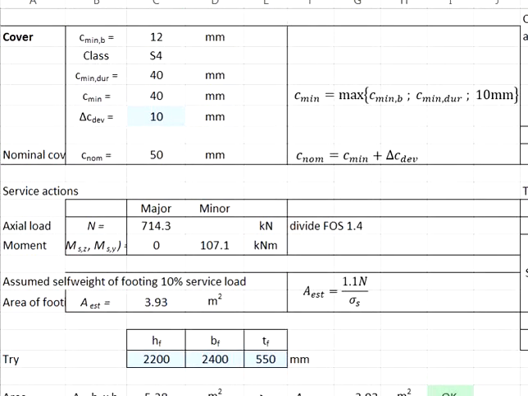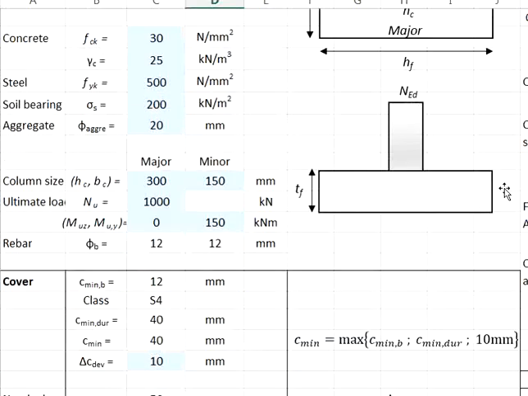This is done by dividing the ultimate load with the assumed factor of safety as a compound of GK and QK of 1.4. The reason we use this 1.4 is we do not know the quantum of the GK and QK contributing to the ultimate load.